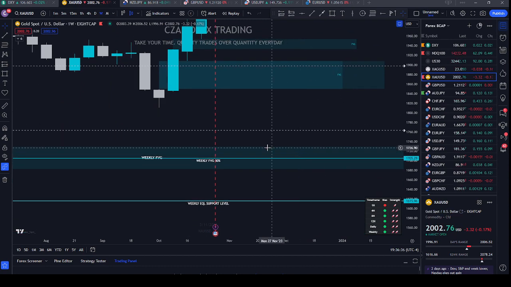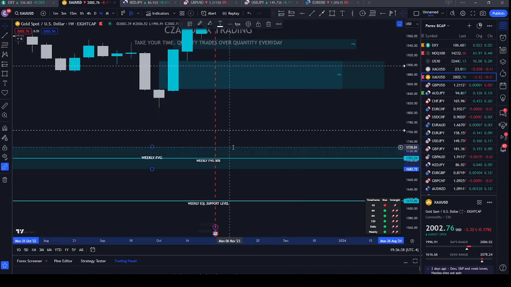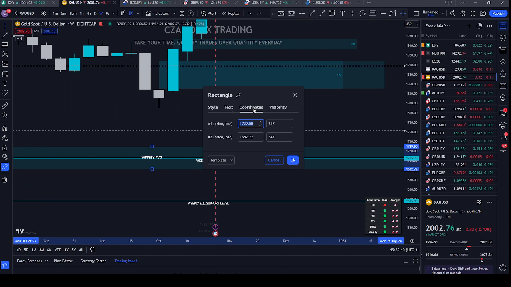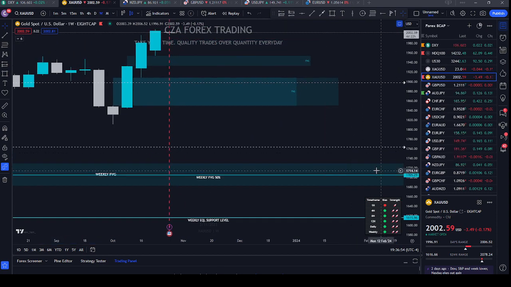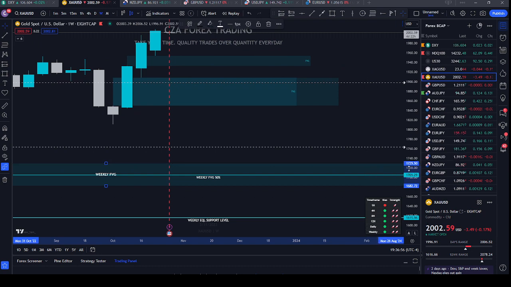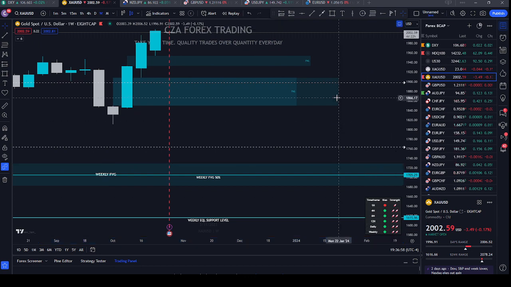So for the bottom fair value gap, we are looking at coordinates 1729.50. Bottom of it is 1682.72. 50% range, it's 1705.29. Alright, you can see them right over here on the right side when I click it.